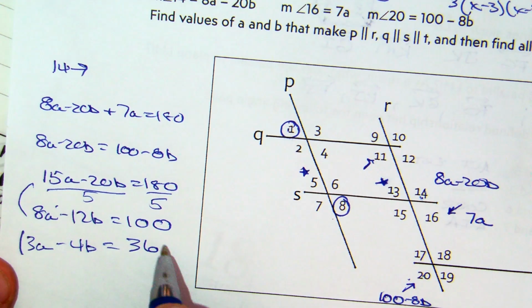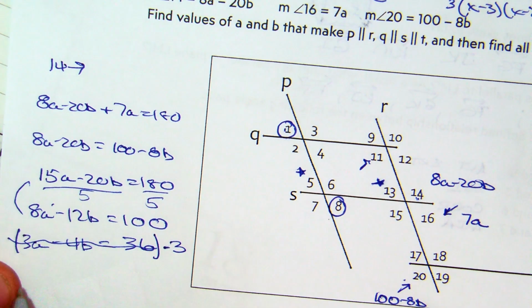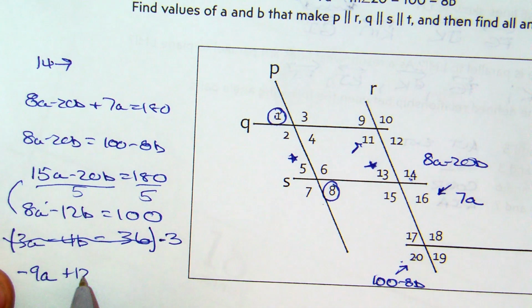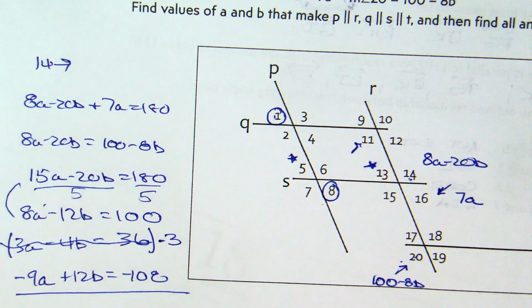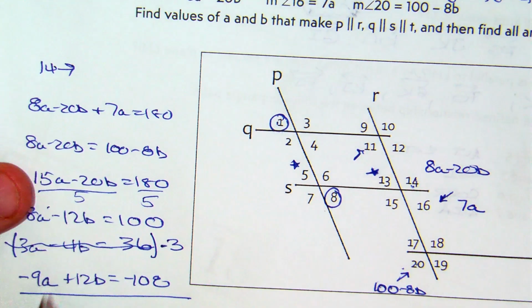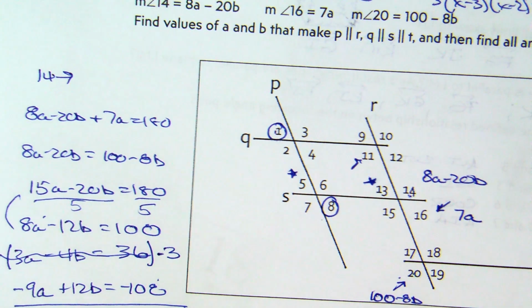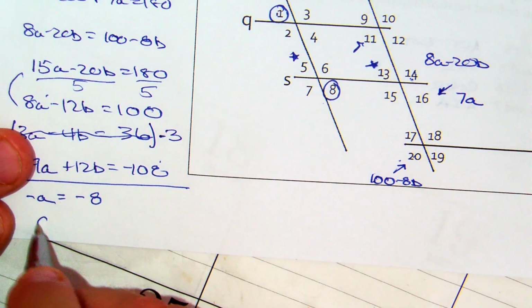I want to get opposite variables, so I'm going to multiply that one by negative 3. That gives me negative 9a plus 12b equals negative 108. 8a minus 9a is negative a. 100 minus 108 is negative 8. And that makes a equal to 8.